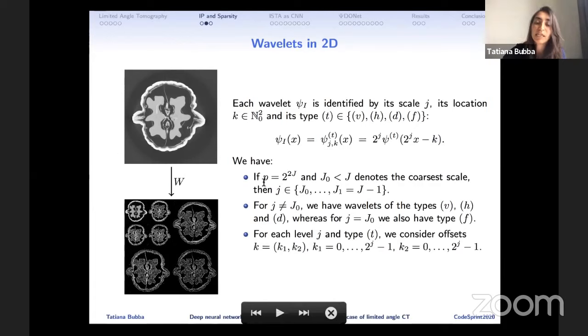So if P is the size of our image, J0 denotes the coarser scale and J1 the highest scale. For all the wavelets that are not the finest details, we have only vertical, diagonal, and horizontal, while for the finer scale we also have the low pass filter. And K denotes the offset, so how we move around the plane.